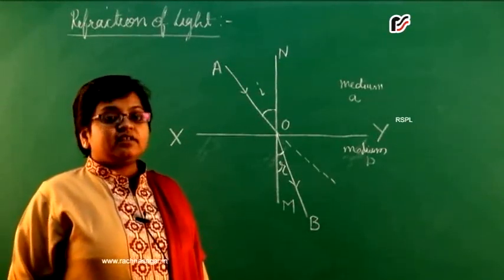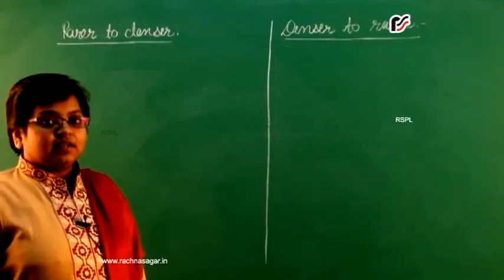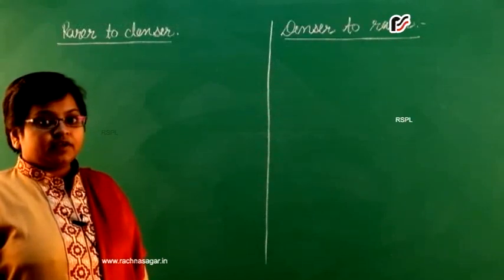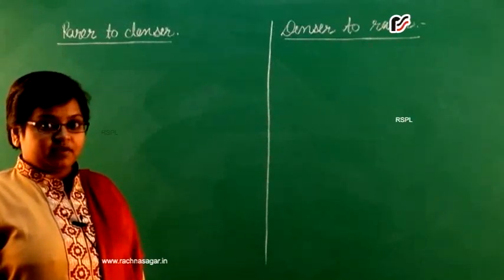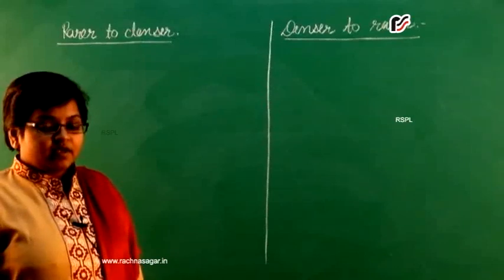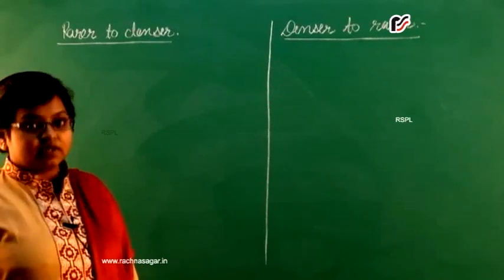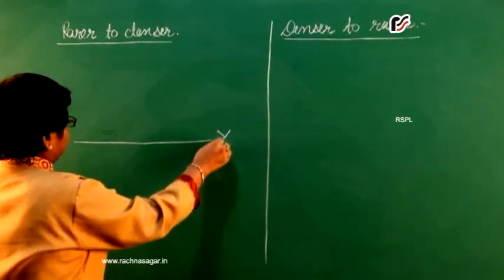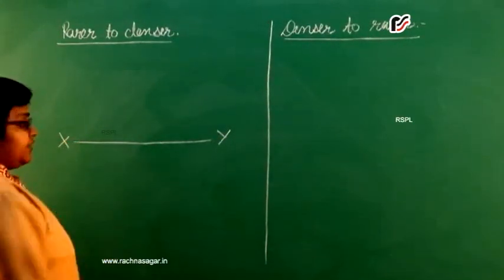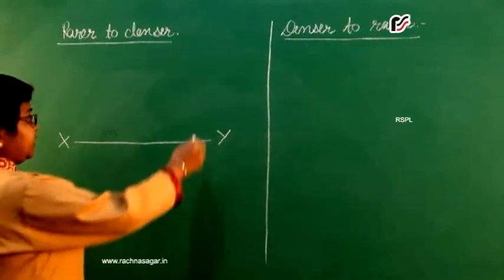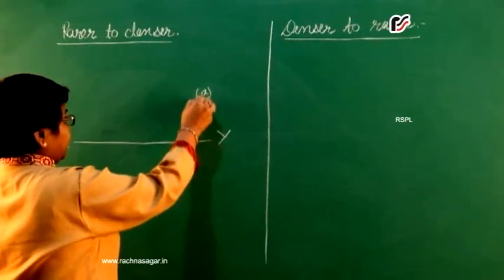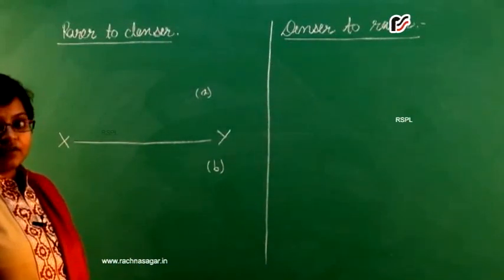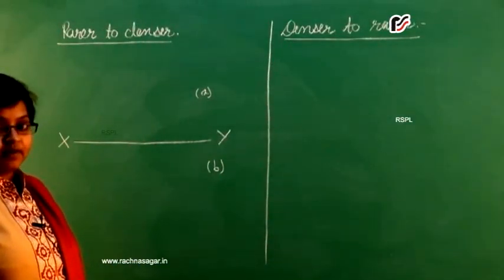It depends on different situations. After that, we will take these two different situations. Let us take two different cases: when the ray of light travels from rarer to denser medium and from denser to rarer. First we take rarer to denser. This is the interface which separates the two media, medium A and medium B, which are of different optical density.